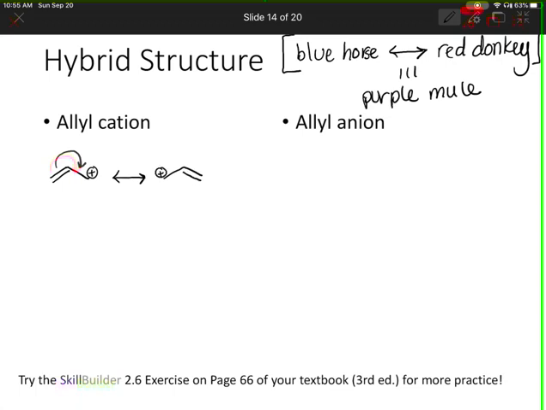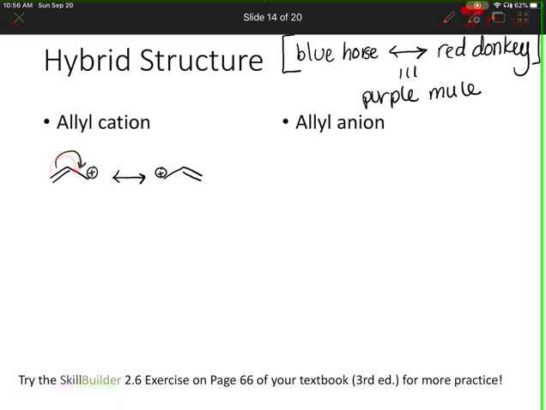And I'm using the bond line drawings for these molecules, but if you want to draw in all of the hydrogens too, you can. Okay, so again, the pi electrons are moving over, quote unquote, to give us a positive charge on the carbon on the left instead of the carbon on the right.